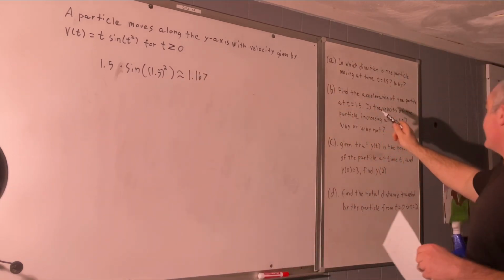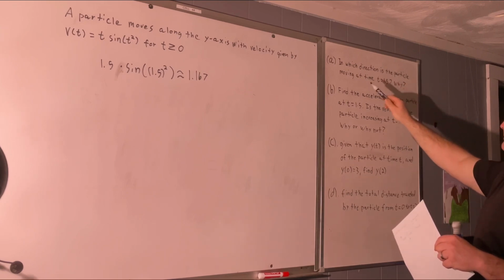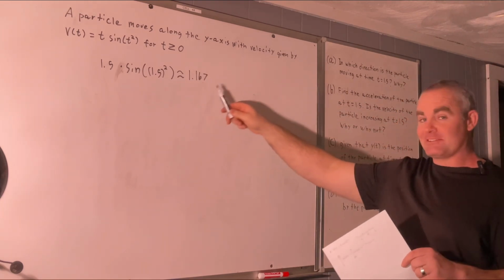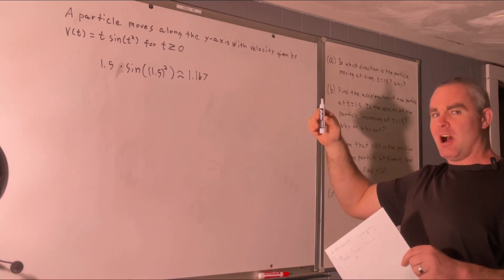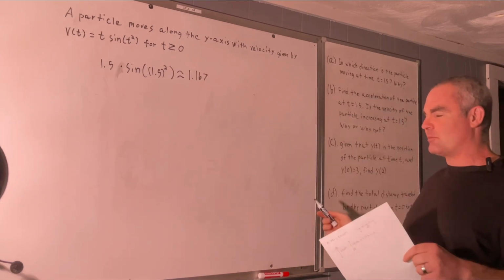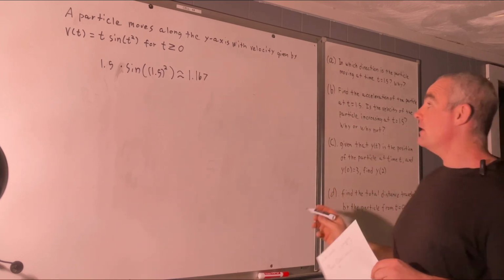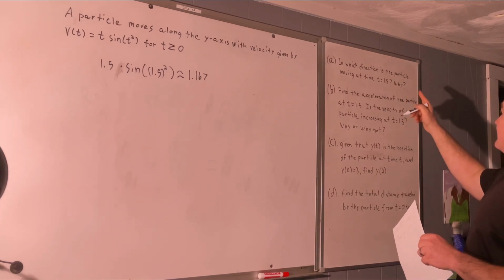Is the velocity, in which direction is the particle moving and why? Well, this is a positive number, therefore it is moving in a positive direction. On the traditional xy plane, up indicates positive movement. So it would be moving up.